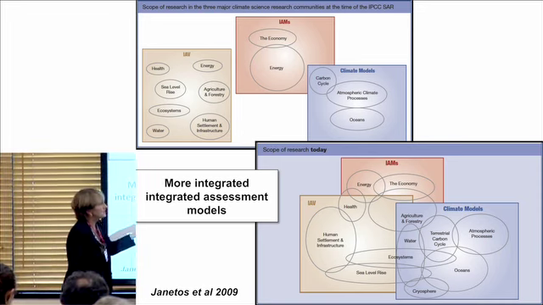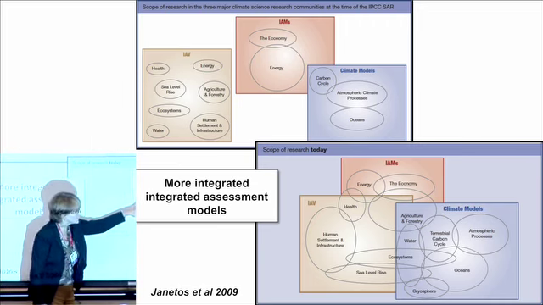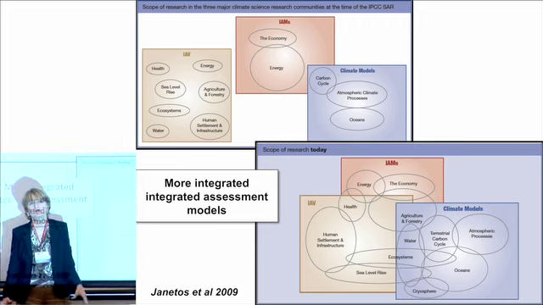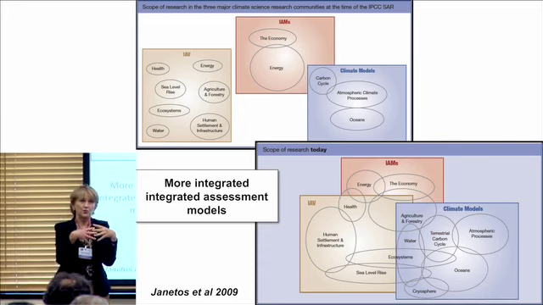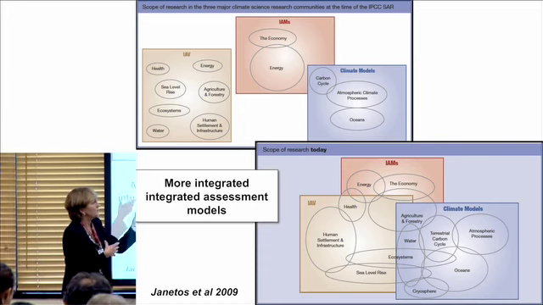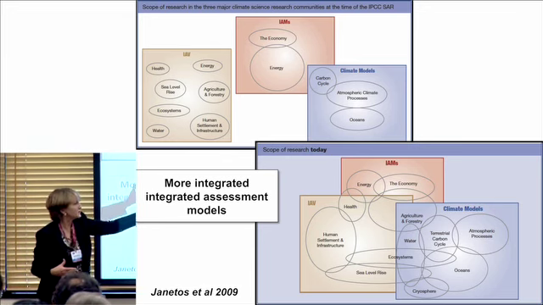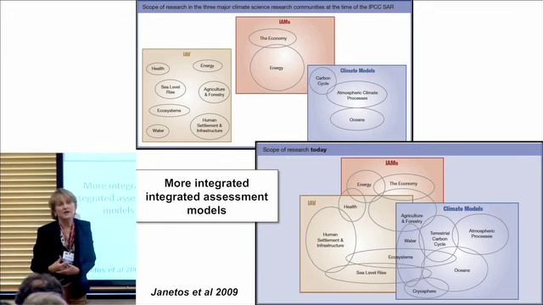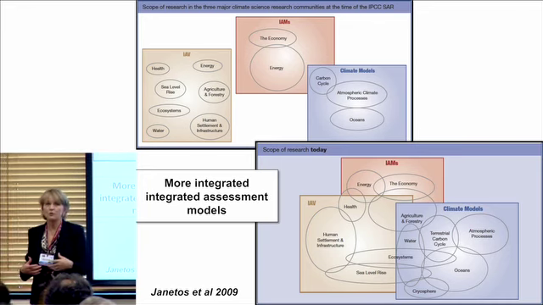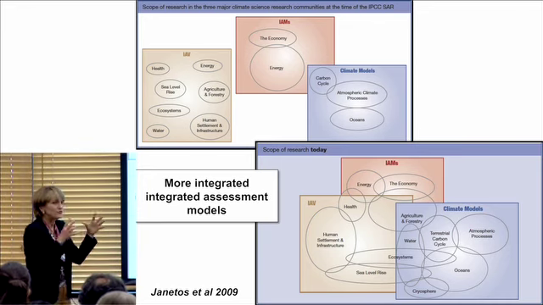Today, and John can tell us a lot more about this, there's a big push to make these different types of models integrated, so that one can run scenarios about the economy and energy and climate, but also learn something about impact on human health, on ecosystem quality, and so forth. So we're moving in that direction.